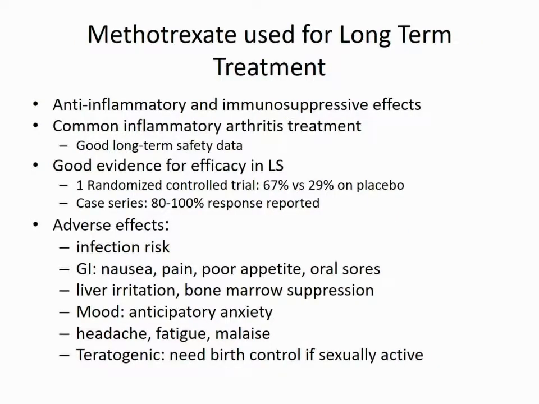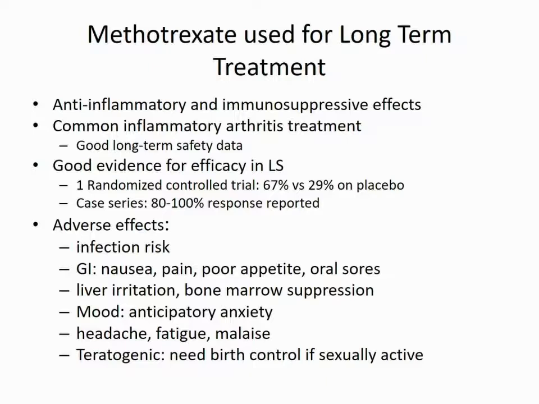So we use methotrexate for long-term treatment, and that also has anti-inflammatory and immunosuppressive effects. Probably not as strong as steroids, but much, much better tolerated for long-term treatment. This drug has been widely used in rheumatoid arthritis and juvenile arthritis, so it has good long-term safety data, and there's good evidence for its efficacy in localized scleroderma.